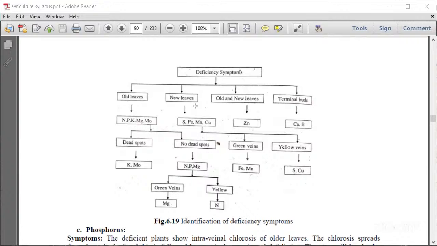It regulates the activities of the enzymes involved in the formation of IAA, indole acetic acid, the natural growth hormone. So it affects the formation of the natural growth hormone IAA, from tryptophan. And it is necessary for synthesis of proteins, nucleic acids and carbohydrates.